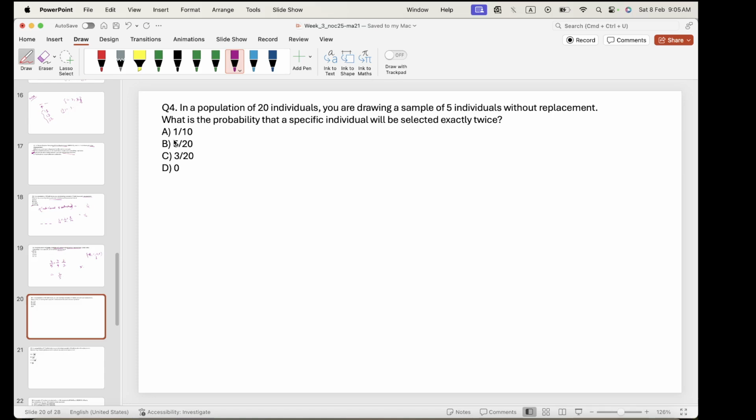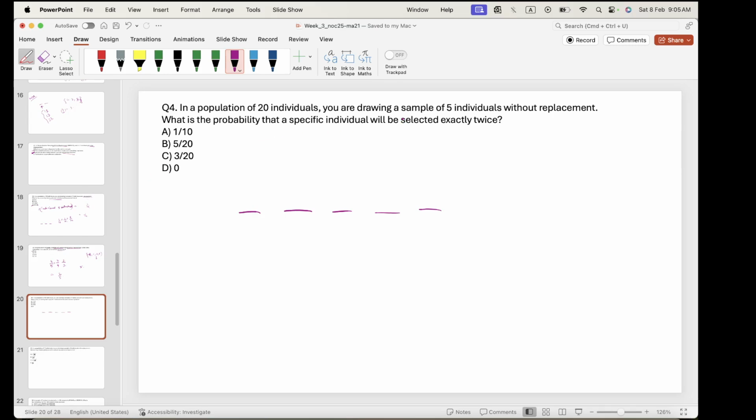So, this is without replacement. I have 5 spots, let's say, and I just have a specific individual selected exactly twice.